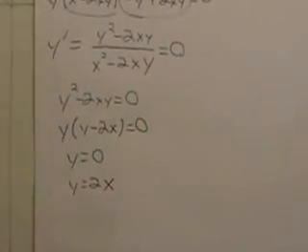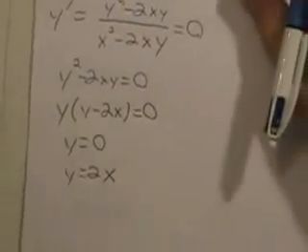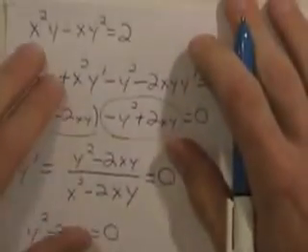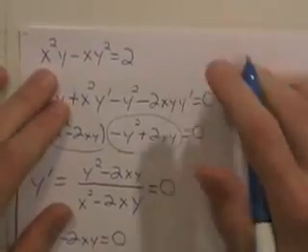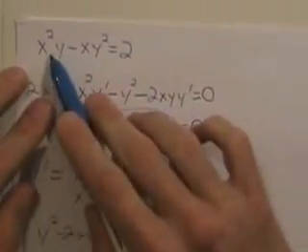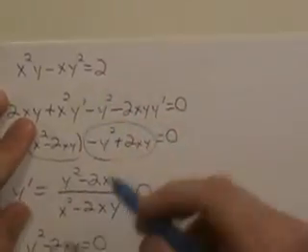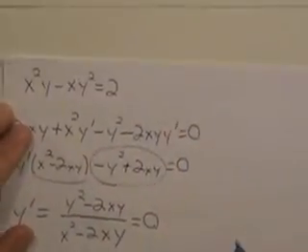So we go back and see if we can satisfy these in the original. I'll take y is 0, and when you plug that back into here, if you make y 0, what you wind up with is 0 minus 0 is 2. So that condition can't be satisfied, right?